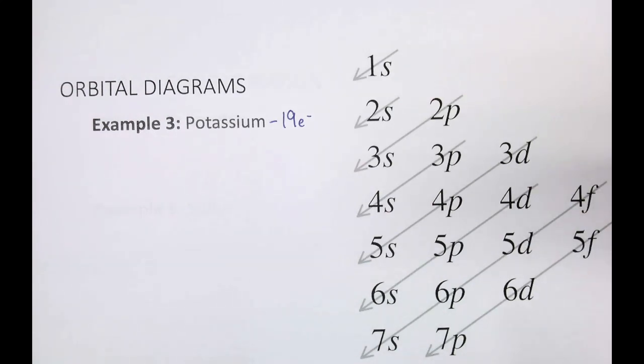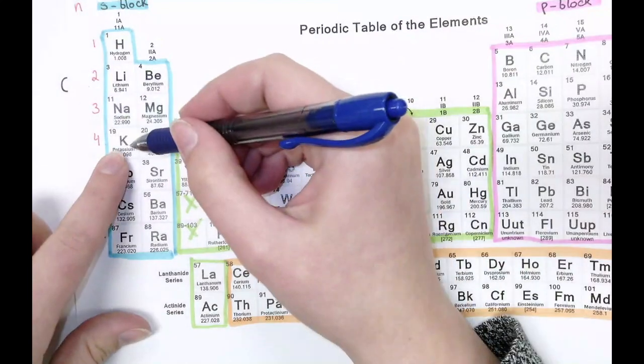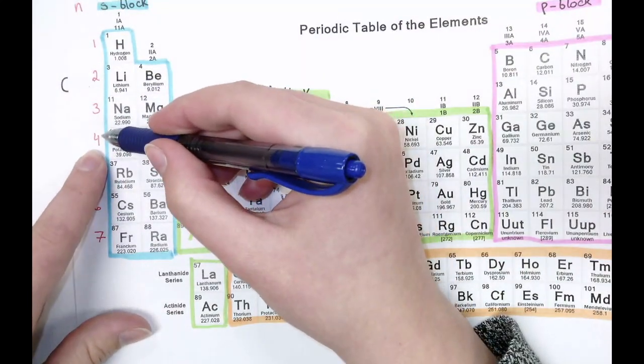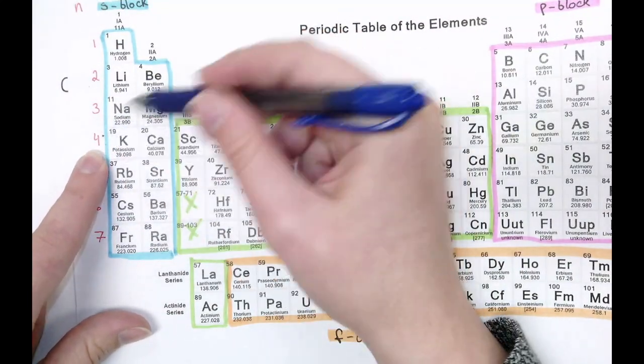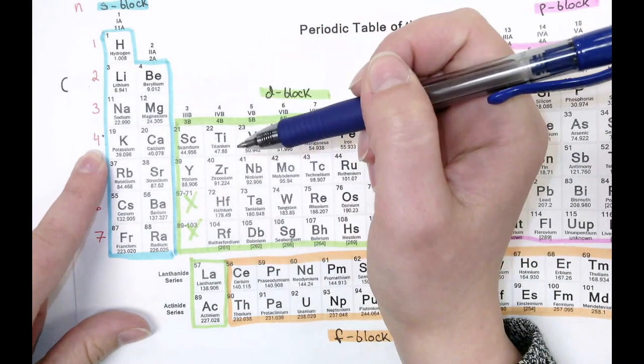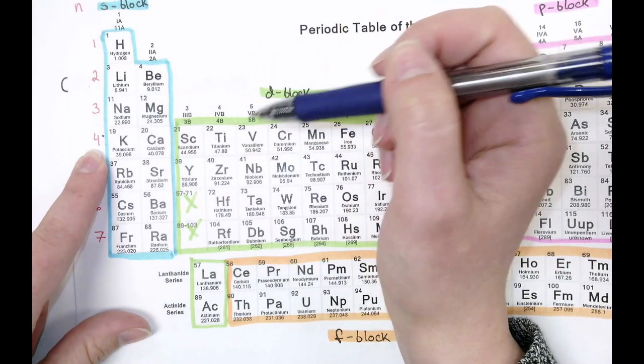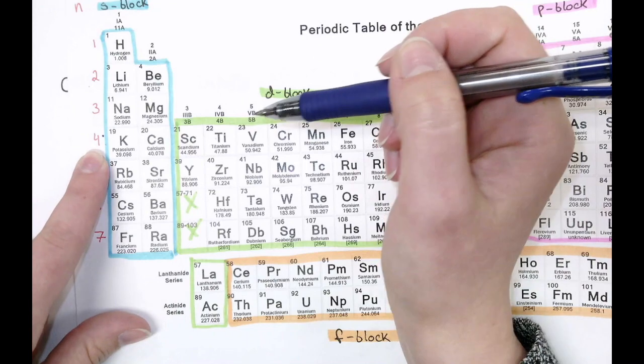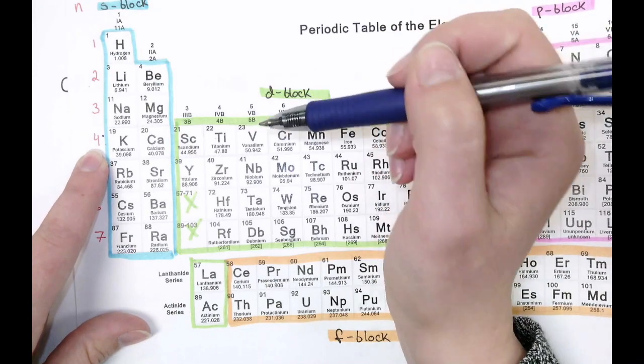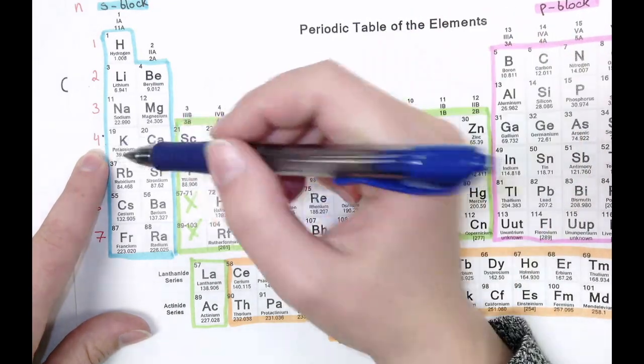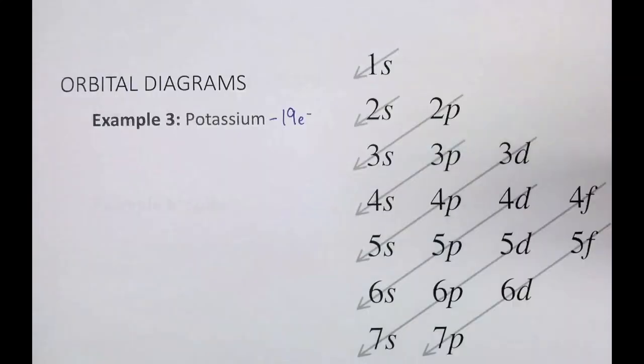So we need to look at what energy level and what subshell potassium is in on our periodic table. So if we look here, potassium is in energy level number 4, and it's part of the 4s. So my very last orbital that I should draw is the 4s. That's where I should stop.